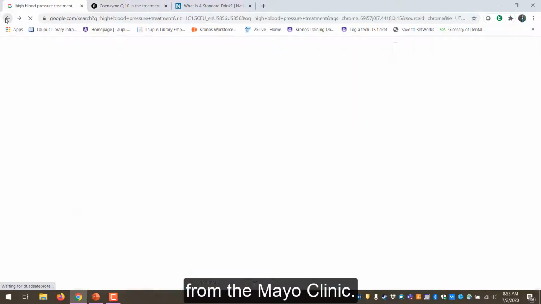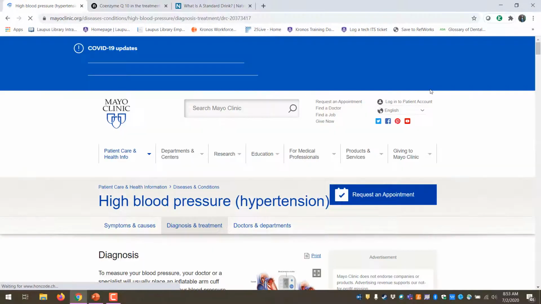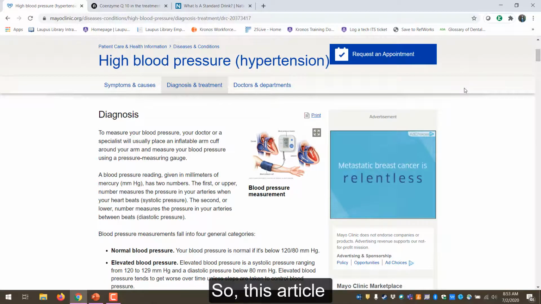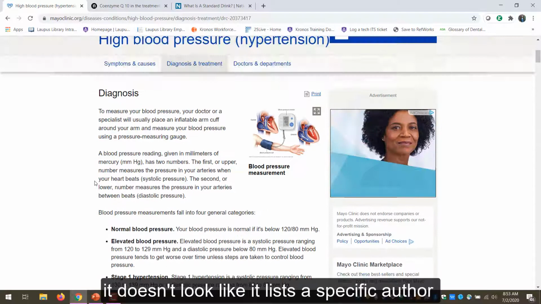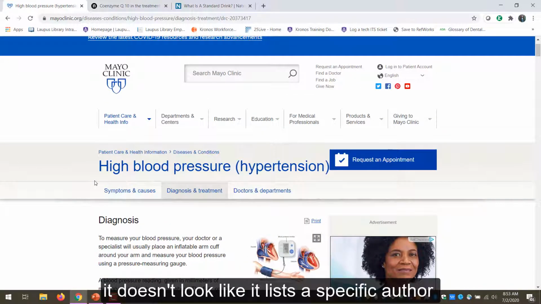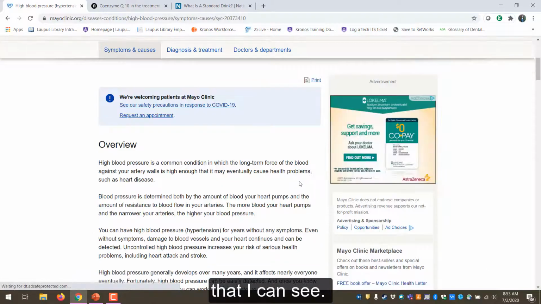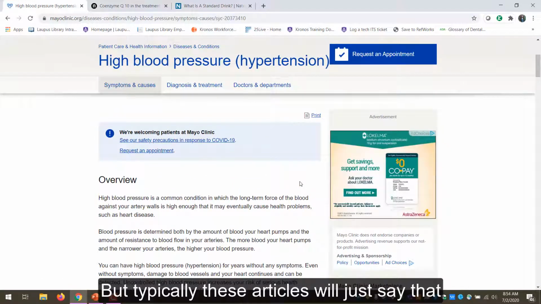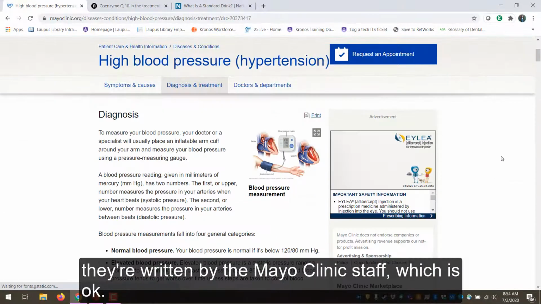So to compare, let's go back to our Google search and let's look at the article on hypertension from the Mayo Clinic. So this article, it doesn't look like it lists a specific author that I can see. But typically these articles will just say that they're written by the Mayo Clinic staff, which is okay.